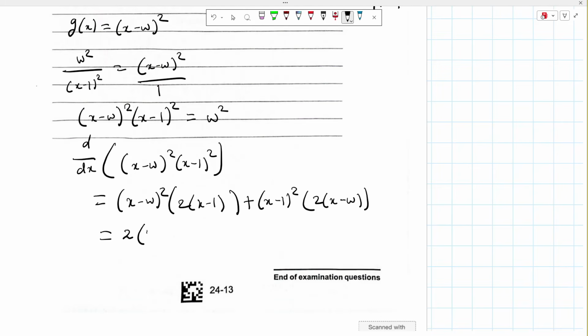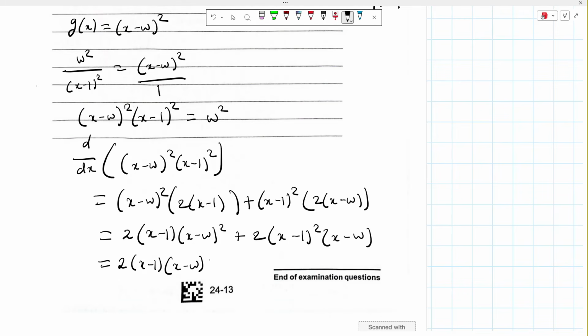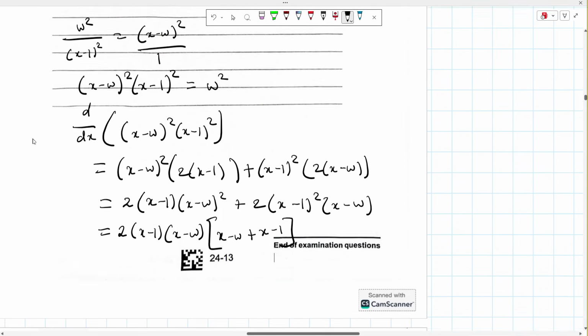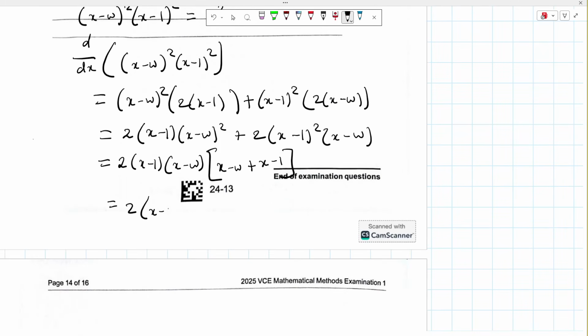We get 2 times (x minus 1)(x minus w) squared, plus 2 times (x minus 1) squared (x minus w). You'll see here, if you look carefully, we can actually factor out 2 times (x minus 1)(x minus w). So we get left with (x minus w) plus (x minus 1). That's just going to be 2 times (x minus 1) times (x minus w) times (2x minus w minus 1).